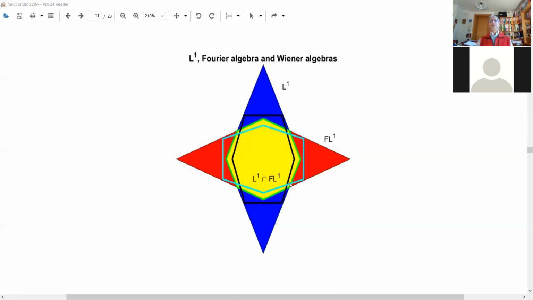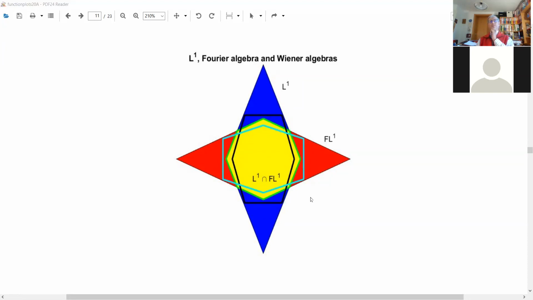So this black object is inside of everything we have seen so far, except it's not inside the Fourier algebra, because if you take the black object, which I will describe in detail, and rotate it by 90 degrees, of course you start inside the blue object, then you must be inside the yellow object. Everything is now inside the yellow domain.